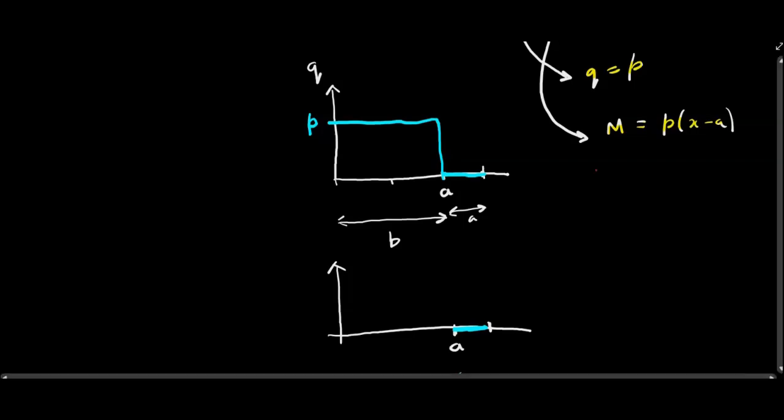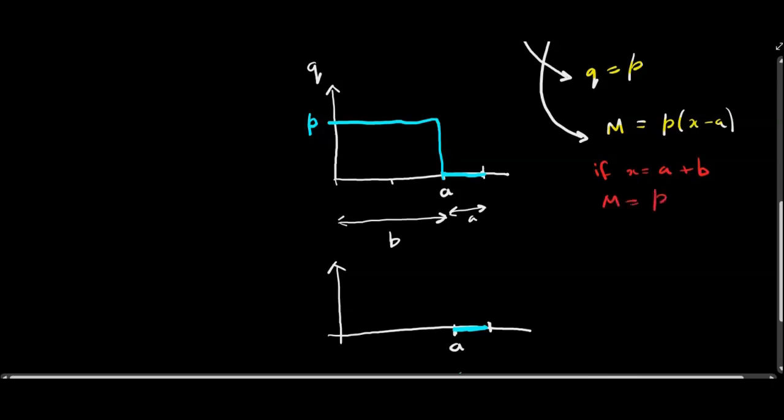If X equals A plus B, which is the length of the beam, then the moment is going to be P times A plus B, and then you have the minus A term there, because this bit here is this bit here.